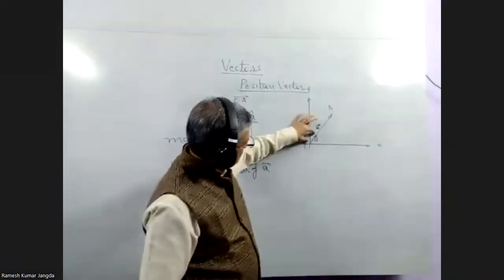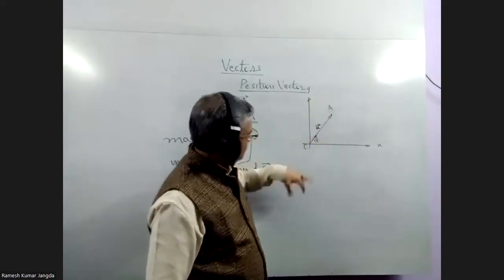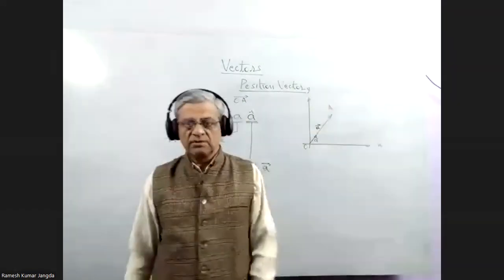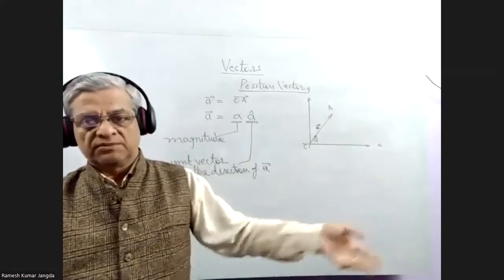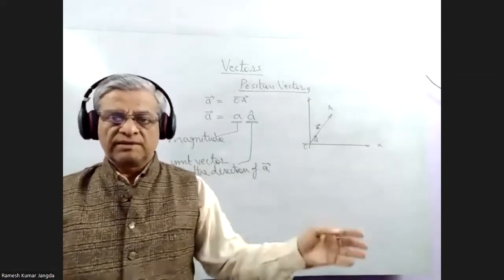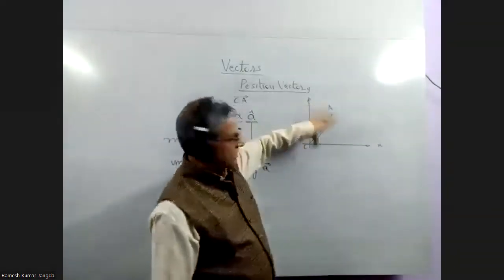How many times this unit vector gives me the actual magnitude of this vector: 4 times, 5 times, 6 times, or 4.5 times. That spells the magnitude of this vector.